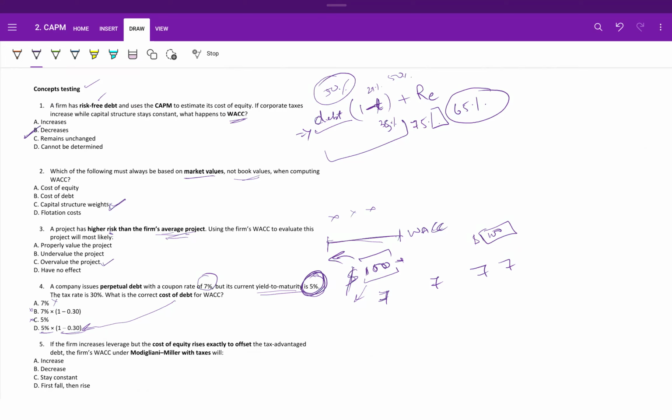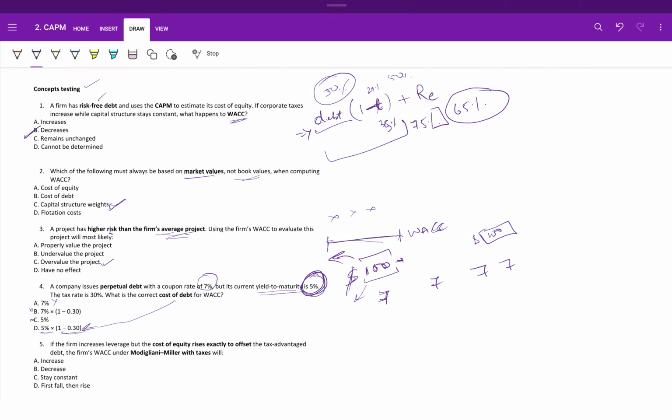Okay, so here in this question, the cost of equity rises exactly to offset the tax advantage of debt. It's a scenario, and we have not discussed Modigliani Miller theory, so let me just give you a quick solution for this.